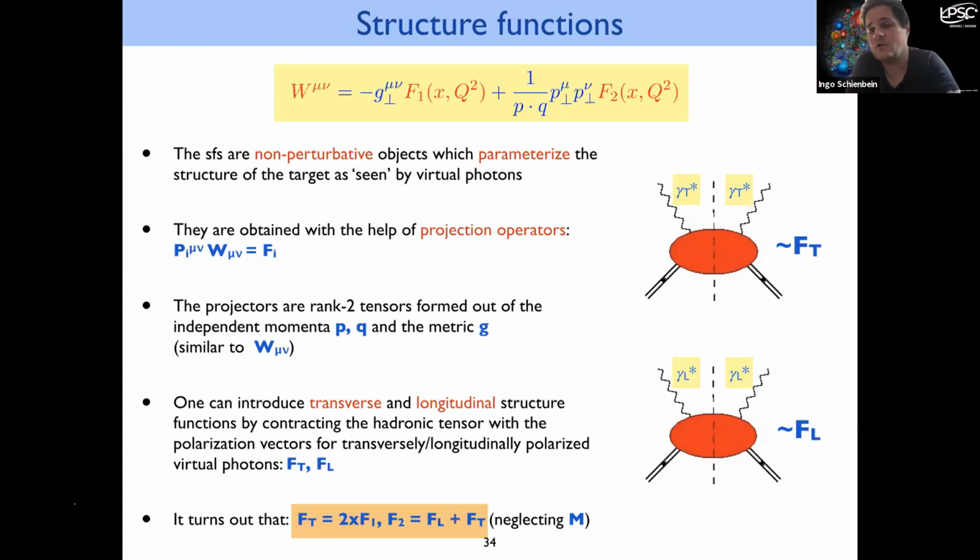And the same for longitudinally polarized photons. If you do this, it turns out that the transverse structure function is 2x F1. So F1 is the transverse structure function, and the structure function F2 is then F longitudinal plus F transverse.